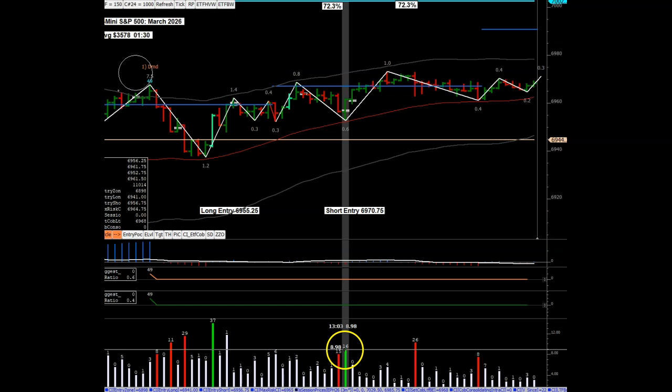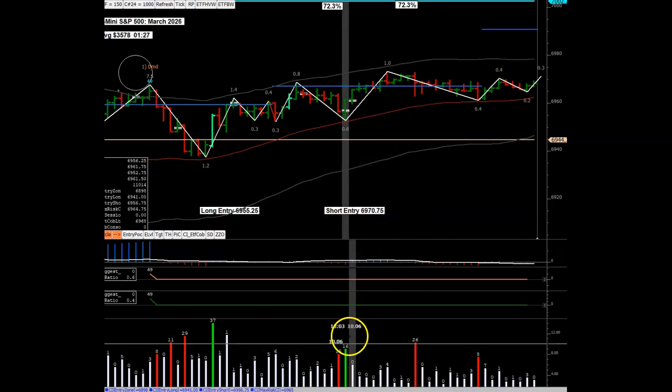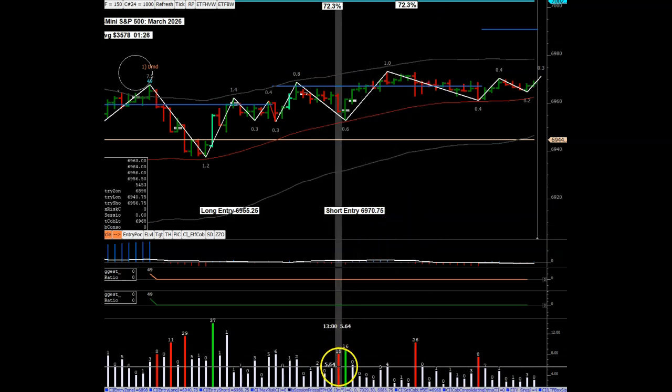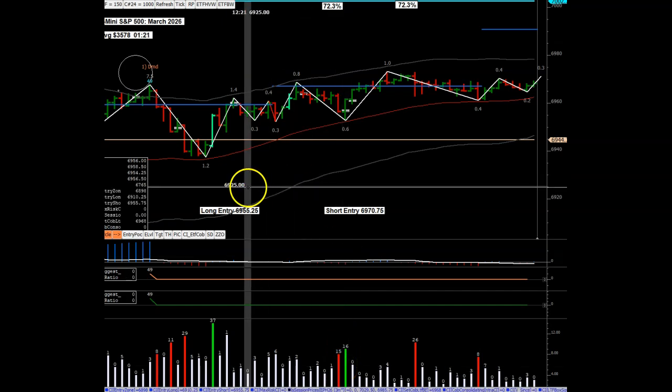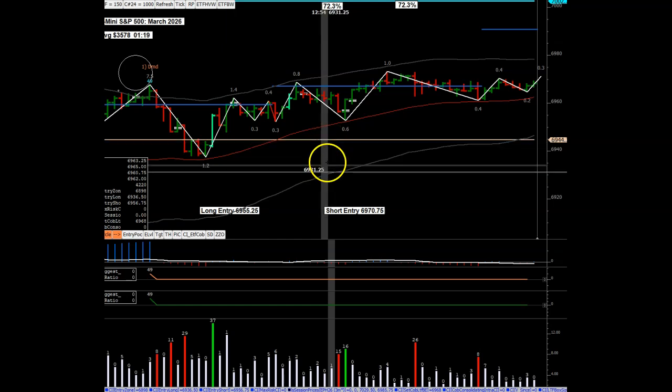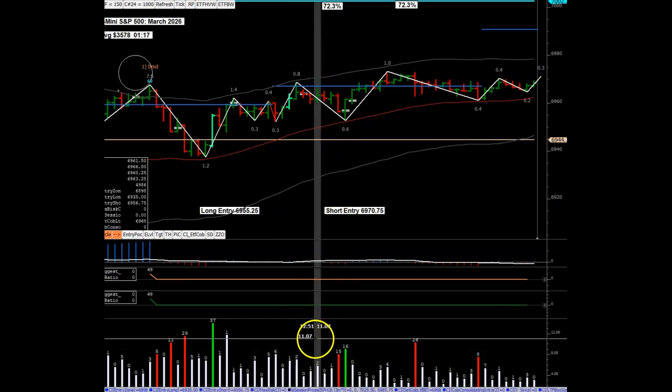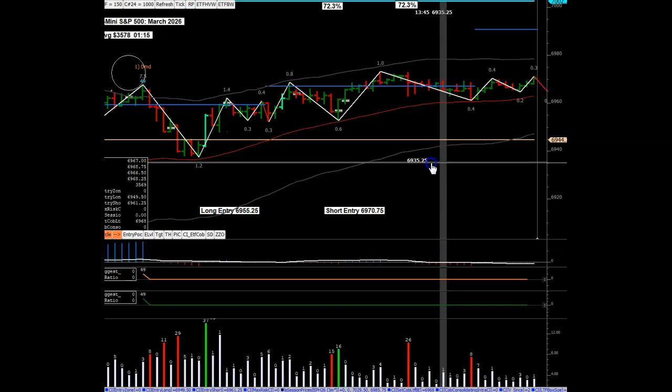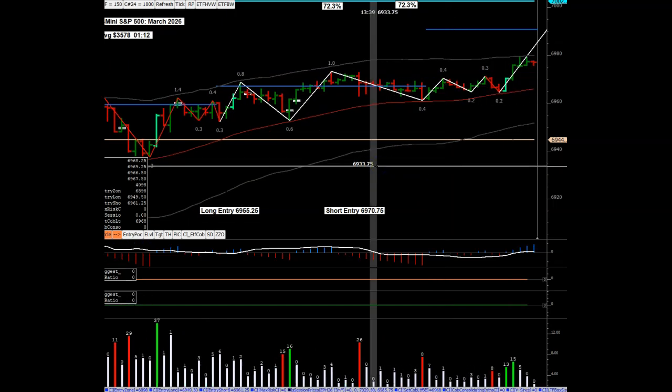Here's the thing: you cannot give a damn about the red bars when you're in an uptrend. So you only look at the green bars. When it reverses, you'll get your red bars, and I'll only be looking at red bars.